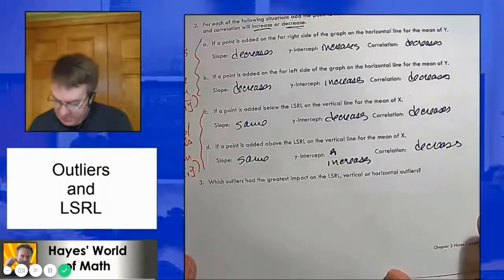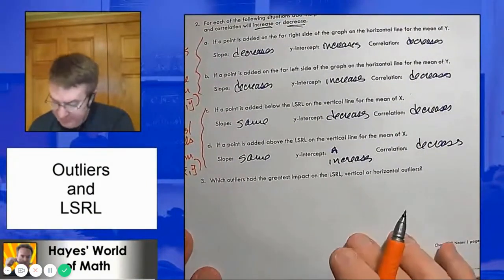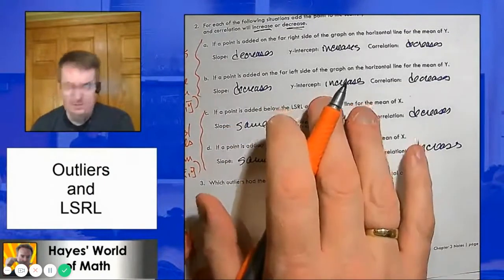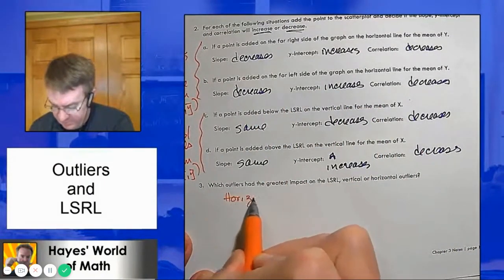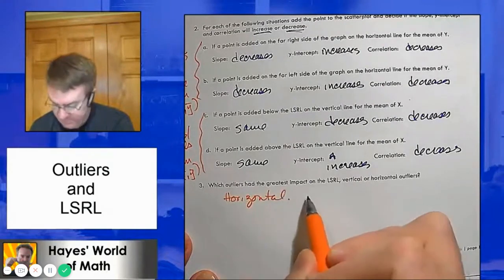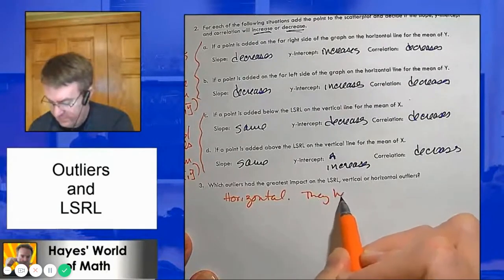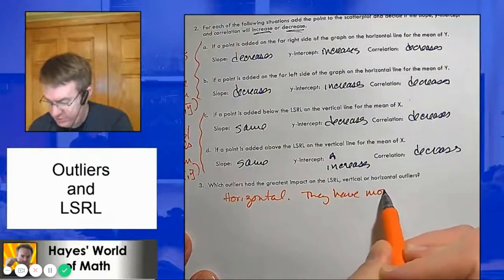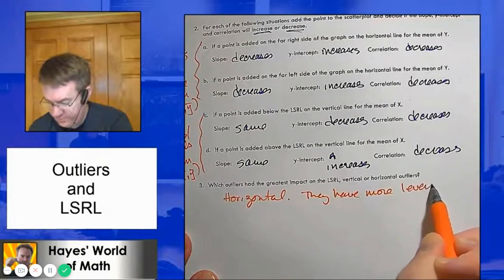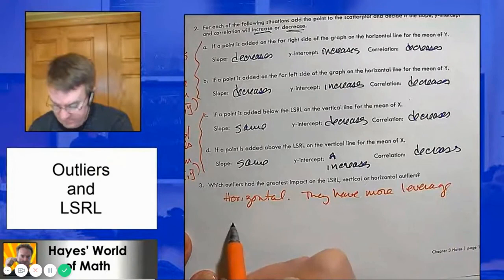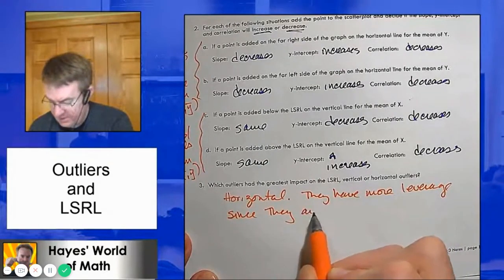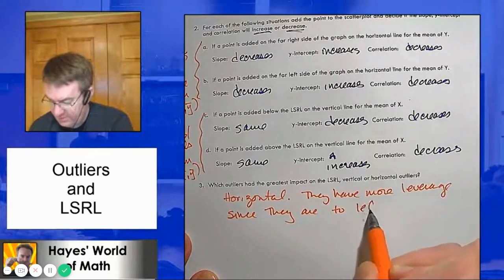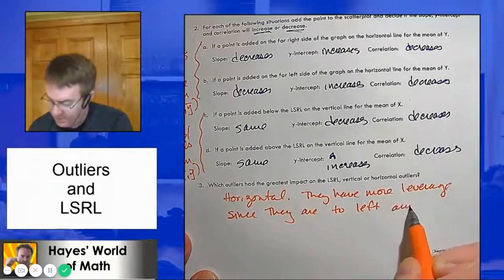All right, so which outliers have the greatest impact on the least squares regression line? Horizontal? They have more leverage since they are to the left and right.